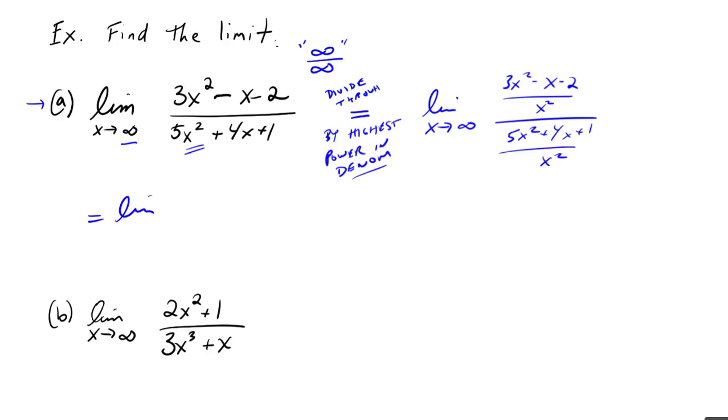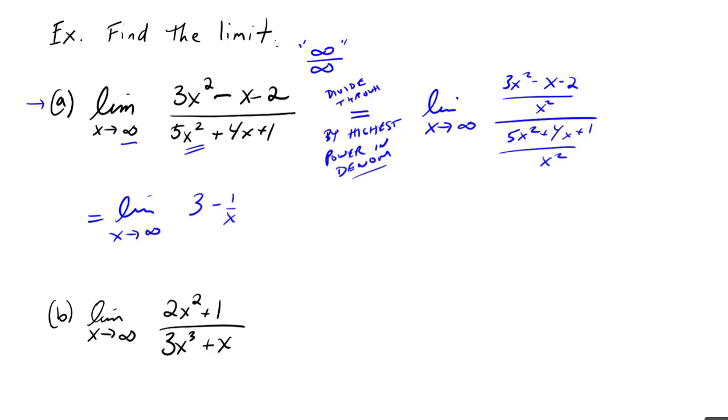Okay? And then what I'm going to do is actually distribute that to each of the terms. So, for instance, where I have the 3x squared over x squared, that would reduce to just 3. And then the minus x over x squared would be minus 1 over x from there.